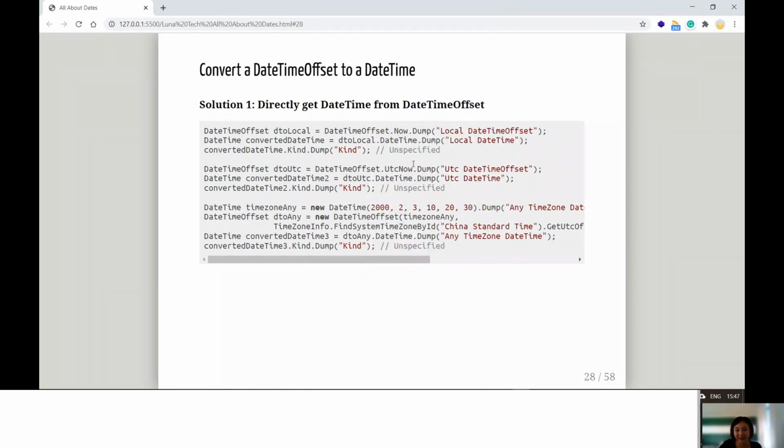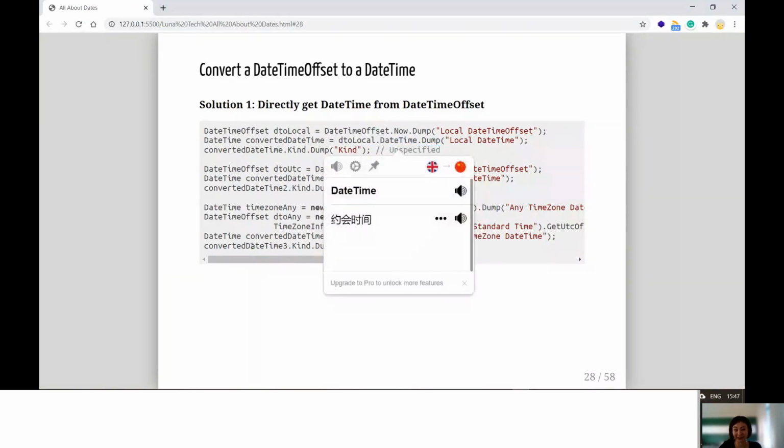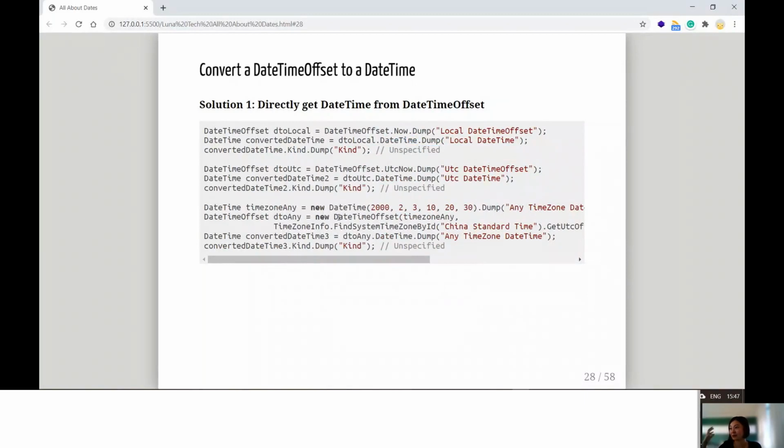But the problem is that you're going to get the DateTime with the kind of Unspecified. So even if it seems like a local now, it's going to be Unspecified kind after doing this .DateTime. And this is going to give you a headache later because this DateTime has lost its information about kind.